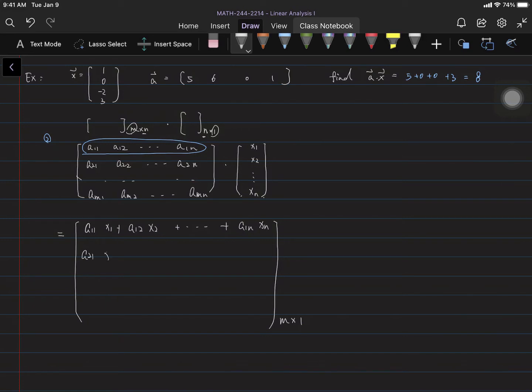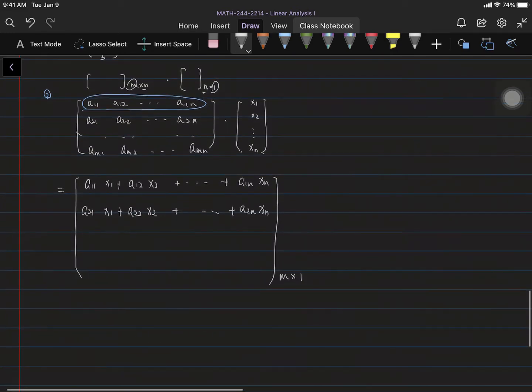So it's a21 x1, a22 x2, a2n xn. That's why this number has to be n, because we need the same number of entries in the vectors to do the multiplication.